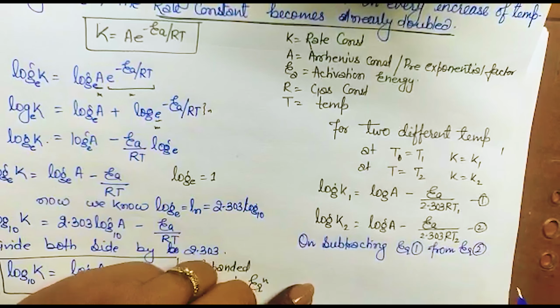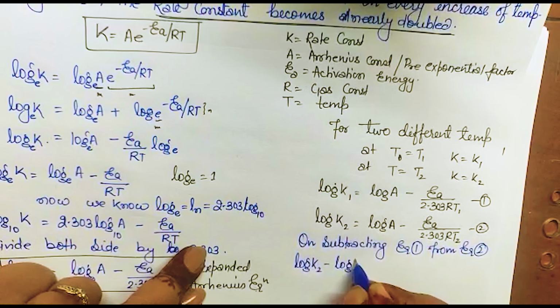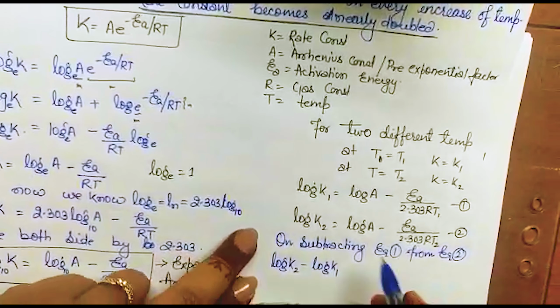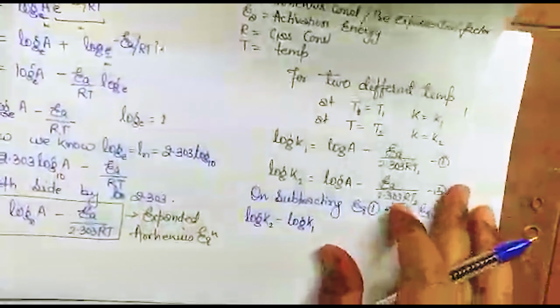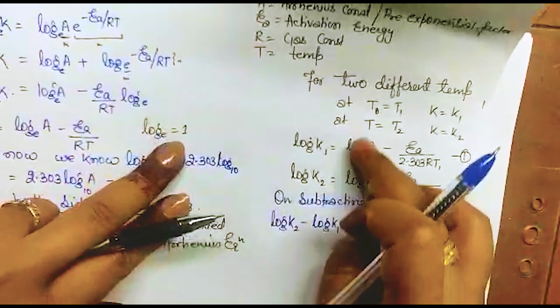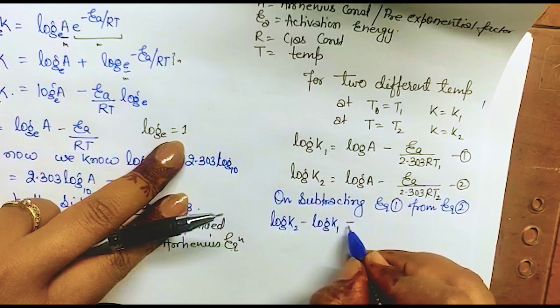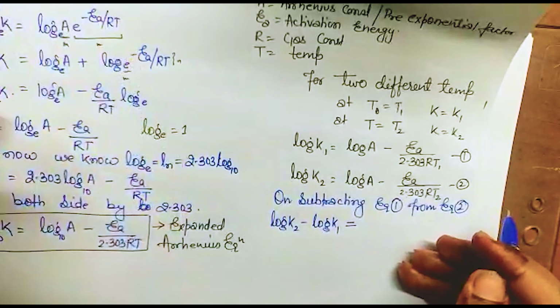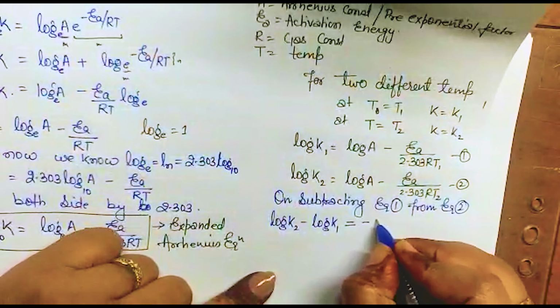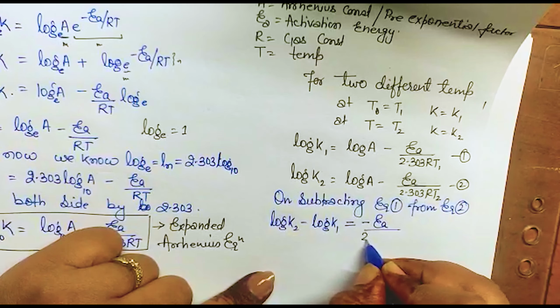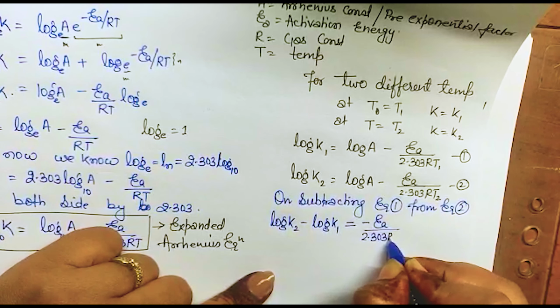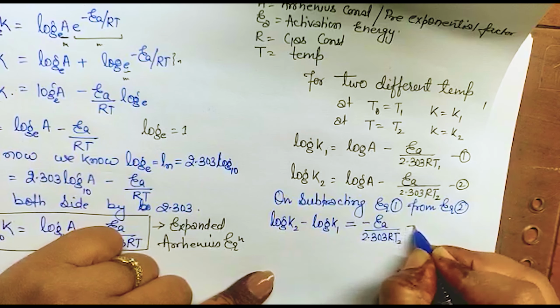I can write log K2 minus log K1. And can I skip one step? This log A will be cancelled, isn't it? Equal to, this will be first EA upon 2.303 R T2 minus, and again minus EA upon 2.303 R T1. Can I write like this?